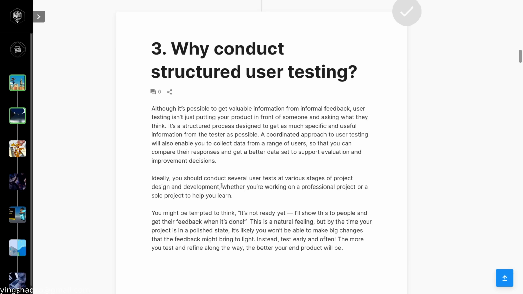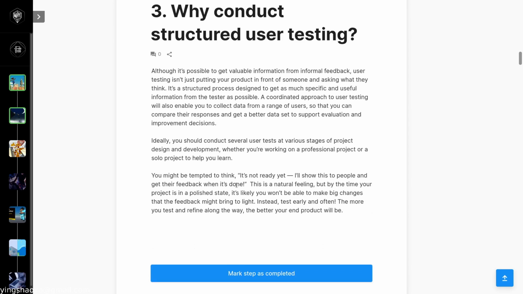Ideally, you should conduct several user tests at various stages of product design and development. Whether you are working on a professional project or a solo project to help you learn, you might be tempted to think it's not ready yet. I'll show this to people and get their feedback when it's done.